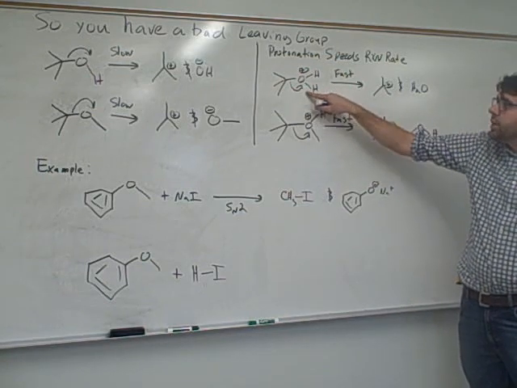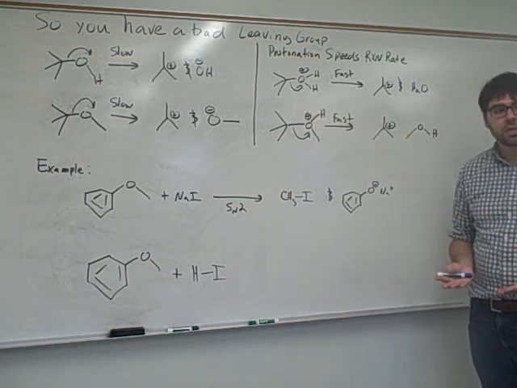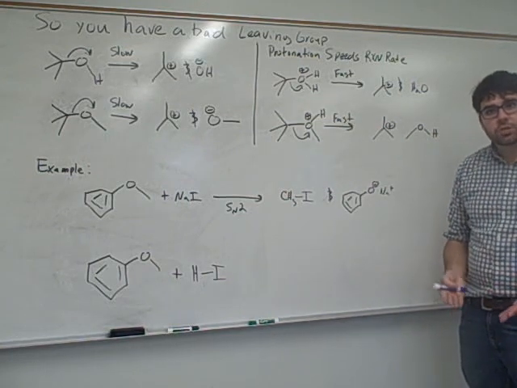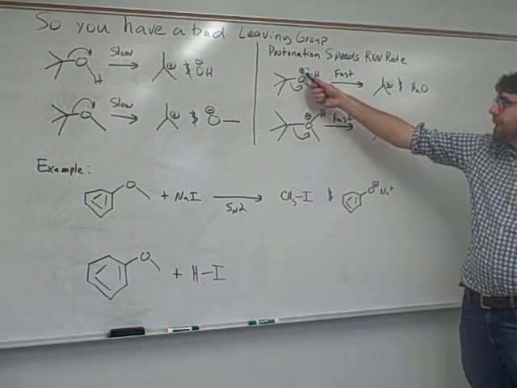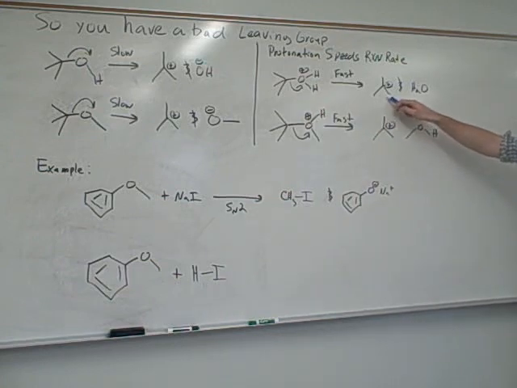This means that water is able to function as our leaving group. Because remember, when we have a leaving group leave, we decrease the formal charge by 1. So if our formal charge is positive here, when it leaves, it will be neutral. And in doing this, we're going to create a carbocation, which is high energy, but in this case, our leaving group here is happy as a clam to exist as is.